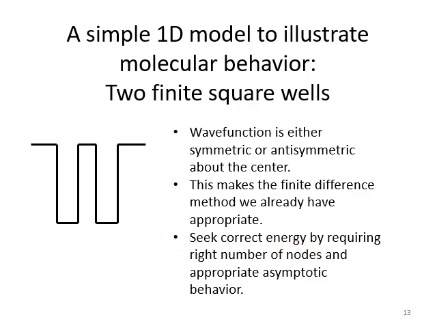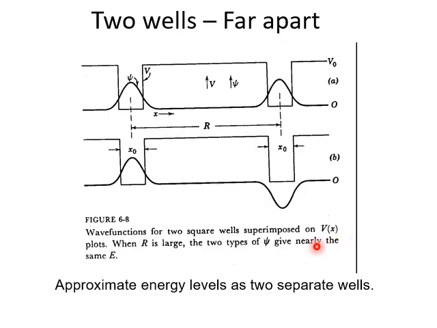Okay, so let's look at the overall behavior just to get an idea. If I have two wells really far apart, then I can think about the wave function for the system as basically being the wave function of an electron on one of the wells and the wave function of an electron on the other of the wells.